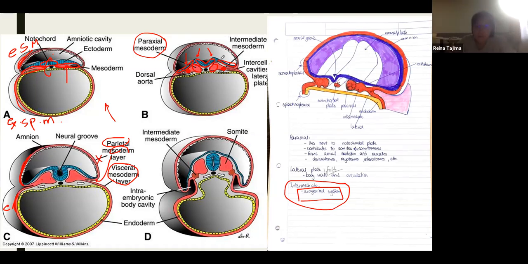Skin. Skin has 3 layers. I taught you this in histo. Epidermis, dermis, and hypodermis.